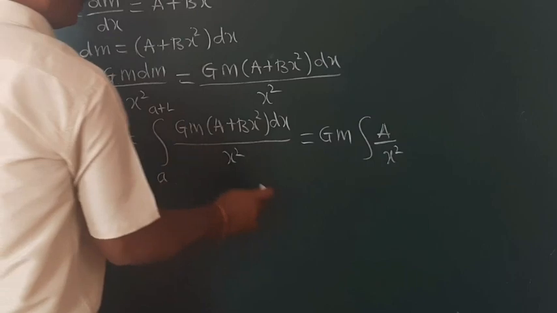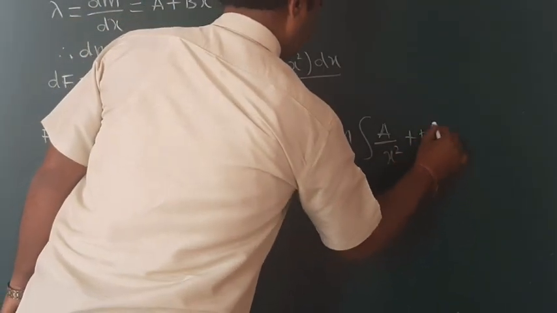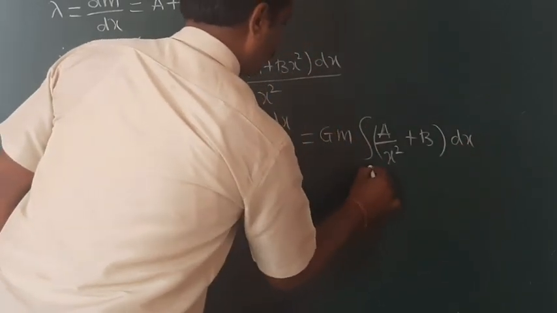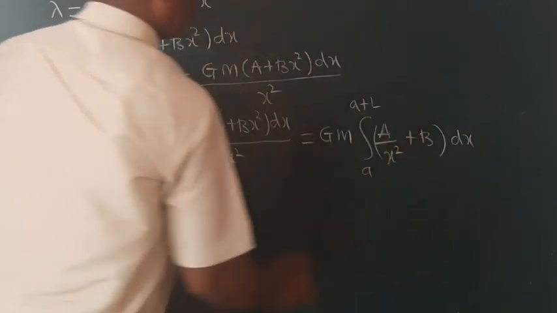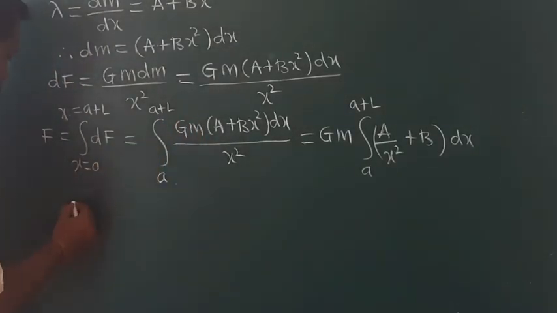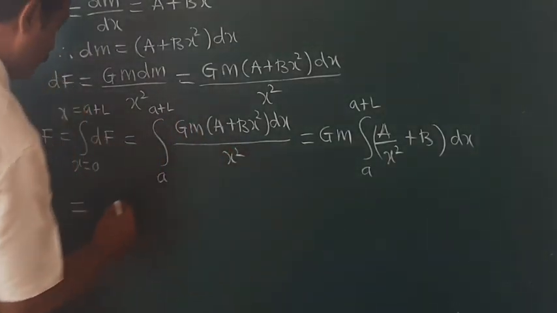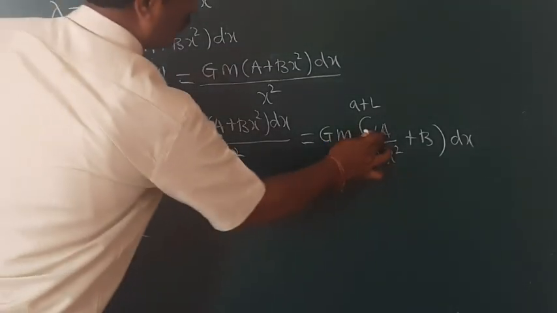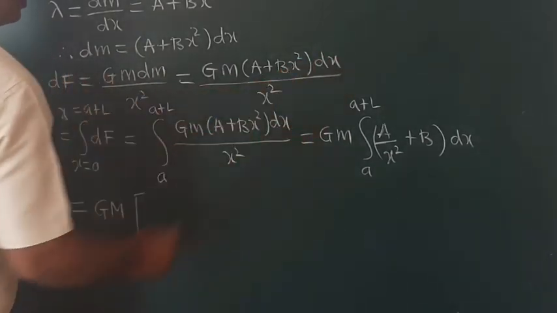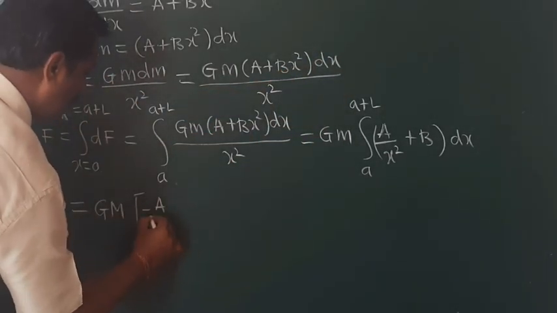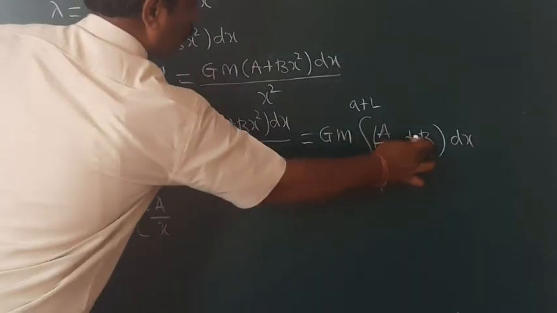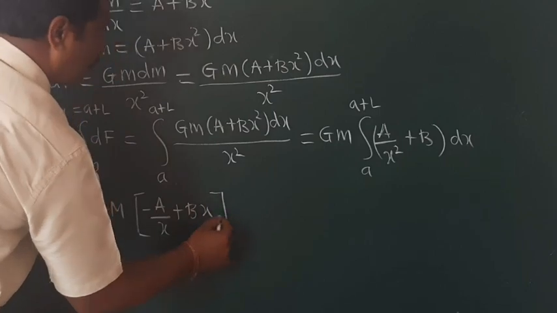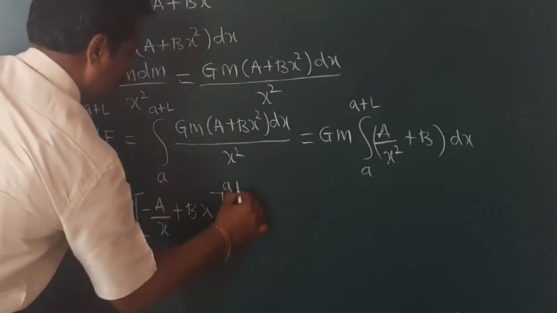Okay, a by x square plus b dx from x equal to a to x equal to a plus L. That is equal to gm, we will write it as it is. Now integration of a by x square becomes minus a by x, and integration of b is a constant, so bx. So we apply the limit from a to a plus L.